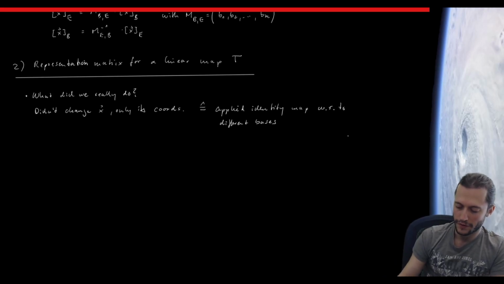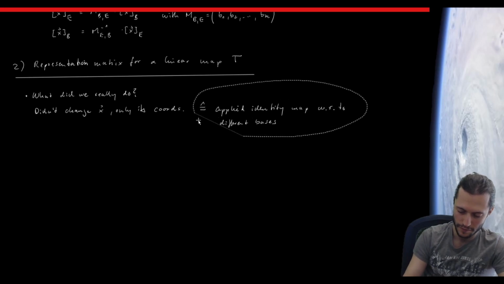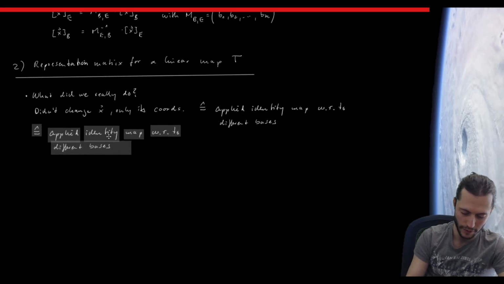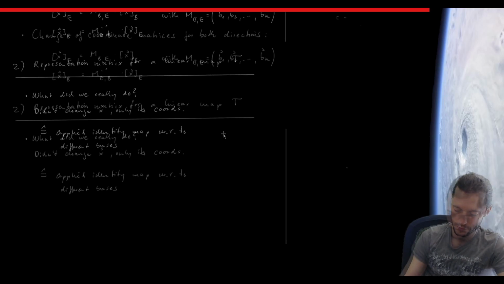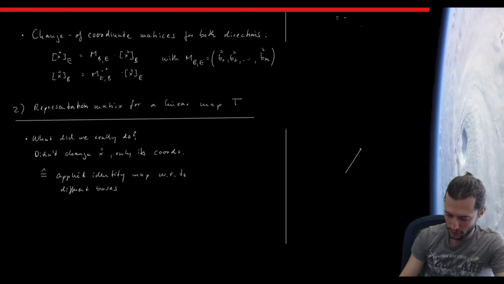Let me draw a sketch. Let me just put this over here. Let's just redraw what we just did before. We had the standard coordinates, standard bases, and therefore standard coordinates.